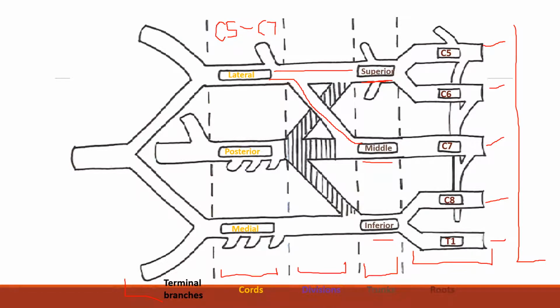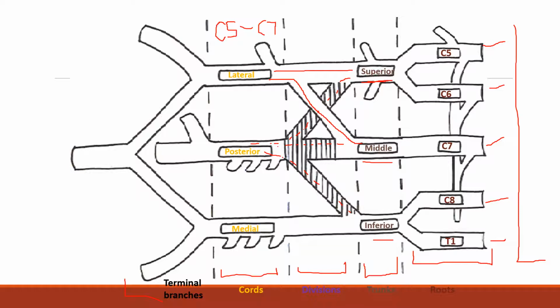Meanwhile, the superior trunk is giving off a branch into the posterior cord. The posterior cord is also receiving some fibers from the middle trunk and the inferior trunk. At this point in the divisions, this is where we're getting the most mix-ups of the different nerve fibers.